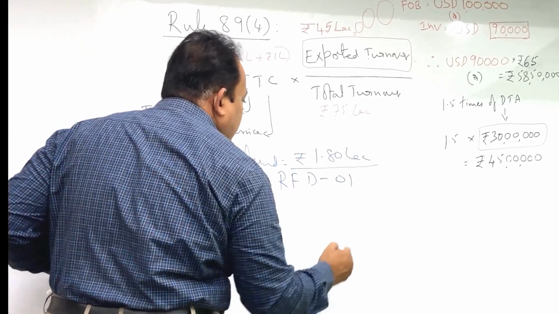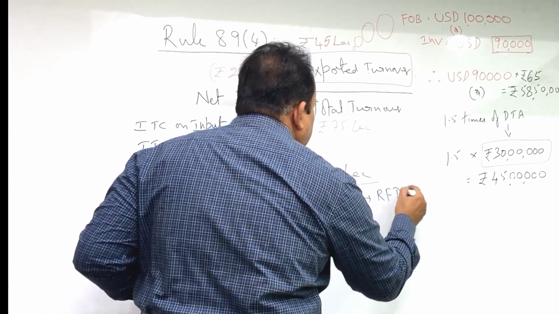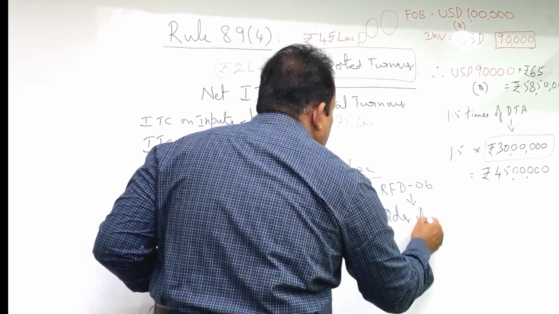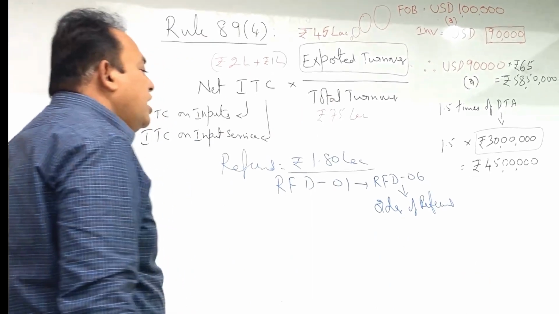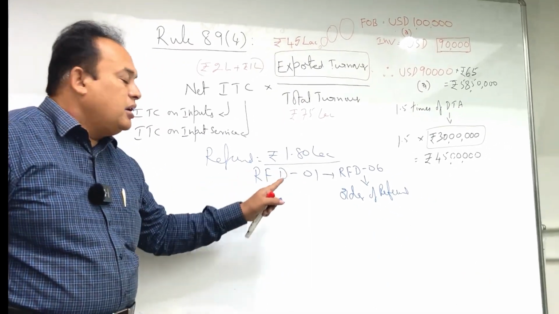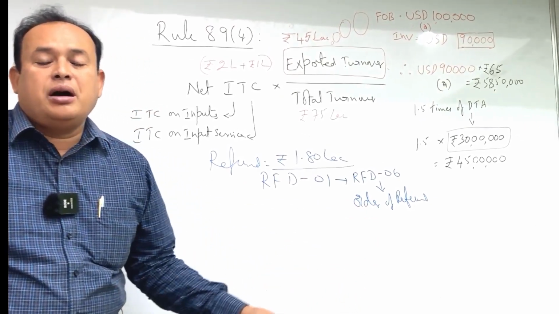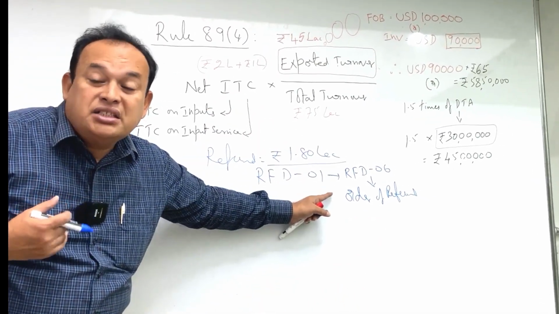RFD 01 is the application, and RFD 06 is the order of refund from GST. From RFD 01 to RFD 06, our refund amount is going to be credited to the bank account of the applicant directly.